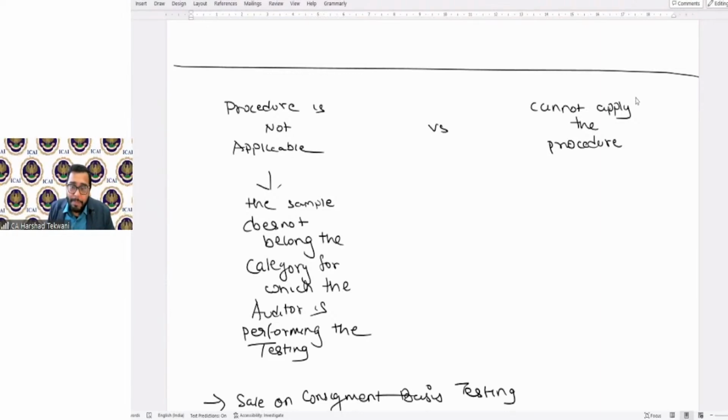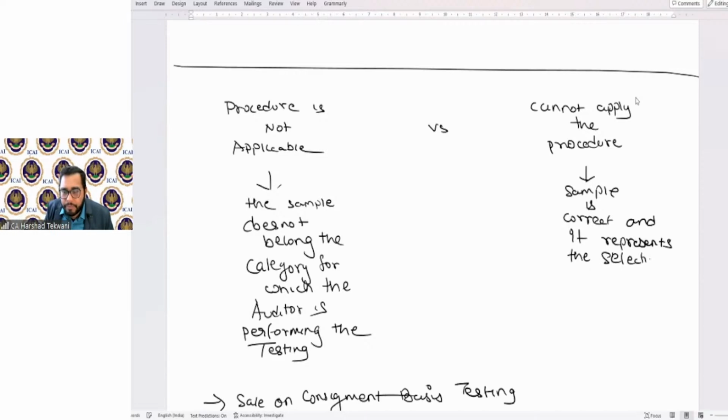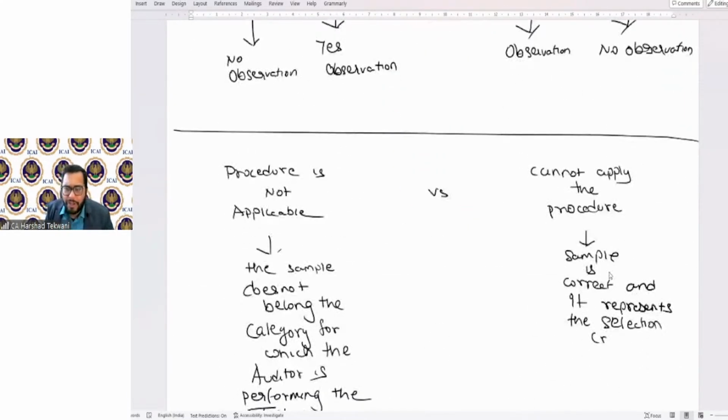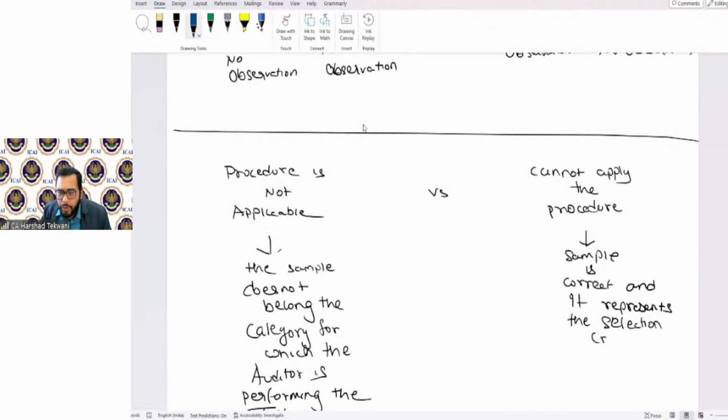Now, in the case of cannot apply the procedure, your sample is correct and it represents the selection criteria, or you can say it fulfills the selection criteria.